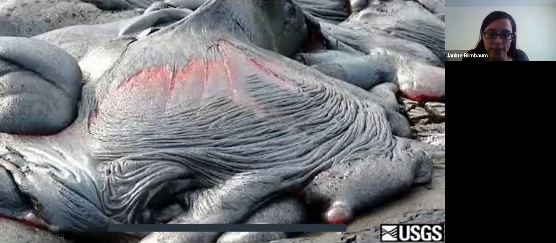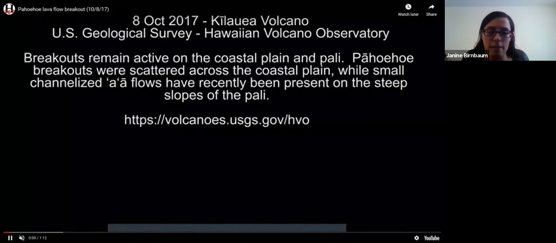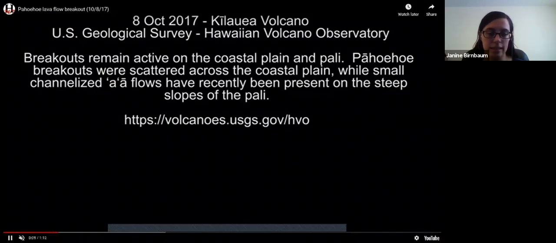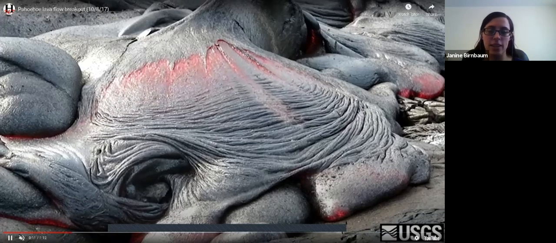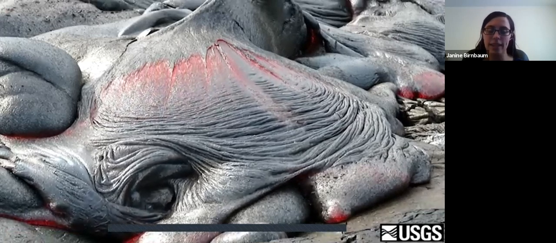We can see a video, hopefully, of some lava. This is from Kilauea Volcano in 2017. And we can see that it oozes this gooey, viscous lava.